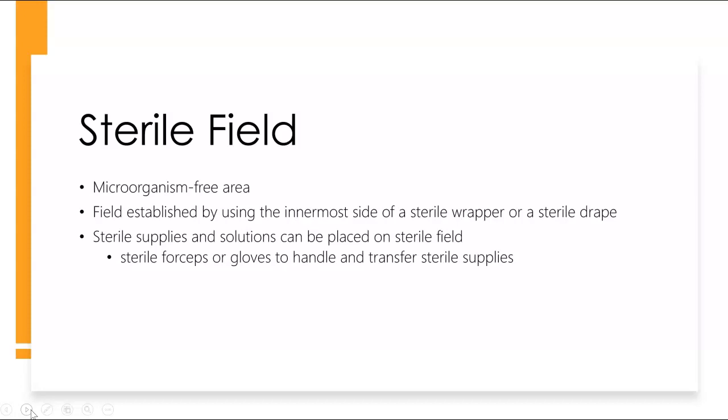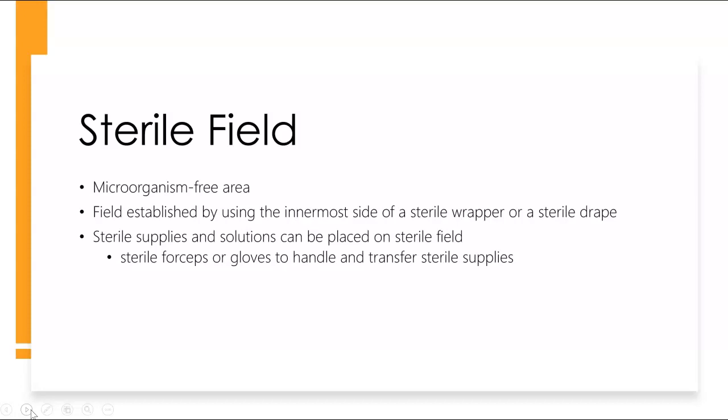So for most of your sterile procedures that you're going to learn in lab, you'll use, for the most part, the inside of the package. So for example, for your Foley catheters, you'll have a Foley catheter kit.